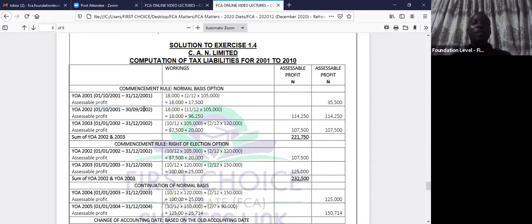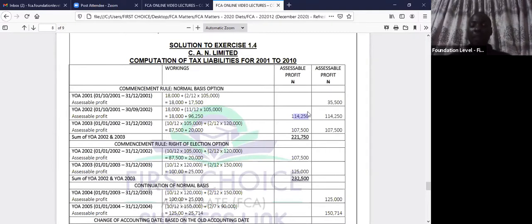So this is September 30th, 2002. Because we started from the same date we started in the first one, we are still taking this 18,000, which is 1 month. We need 11 months. So we are going to take 11 out of 12 of the second period. When we tidy them up, it gives me 114,250.